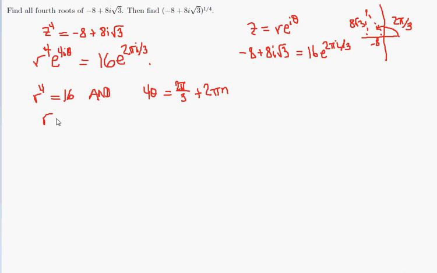In other words, we need that r equals 2, the ordinary fourth root of 16. And we also need that theta is equal to, dividing by 4, pi over 6 plus pi n over 2.